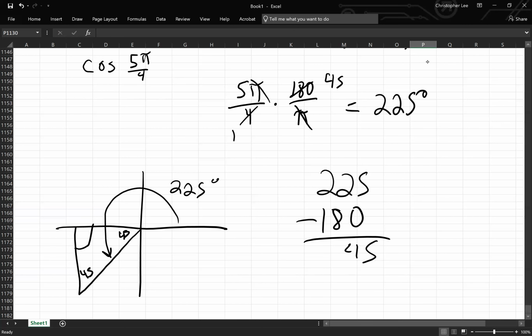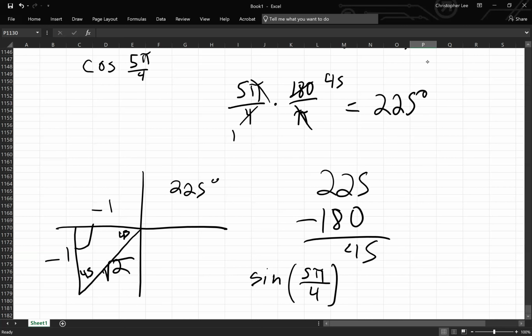And then what do we have after that? All right. Our legs are going to be what? -1, -1, 2, radical 2. All right. So now I found a cosine. What is sine of 5 pi over 4? So what is that going to equal?